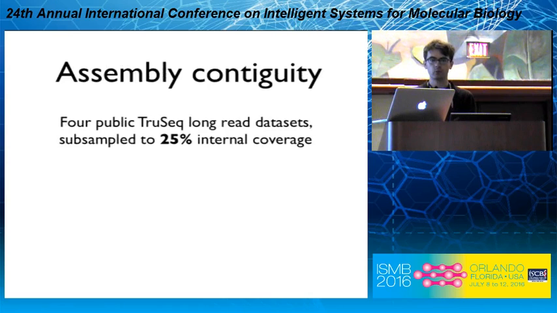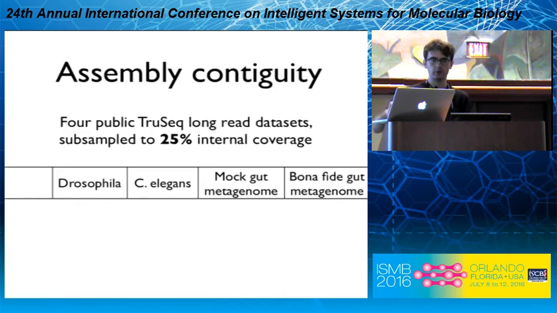We tested this on 4 public molecular/TrueSeq long-read data sets, which we subsampled to 25% of the coverage. These data sets are Drosophila, C. elegans, and also 2 metagenomic data sets.